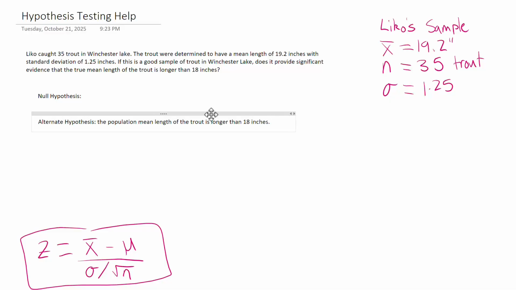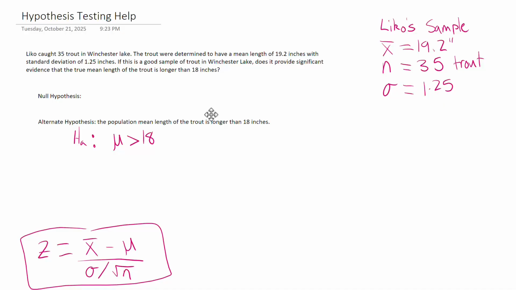That's it. If we want to write that symbolically, we might write it as H sub A for alternate hypothesis is that the true mean is greater than 18 inches. Typically, it doesn't have to be this way, but for almost all of the problems that you might see in a 123 or 153 course, your alternate hypothesis is going to have an inequality, such as greater than, less than, or not equal to.